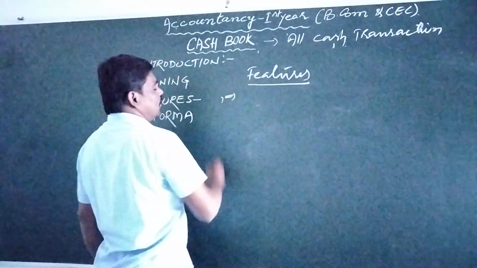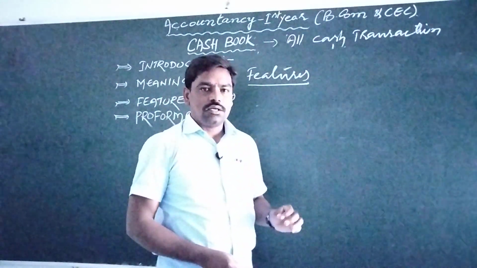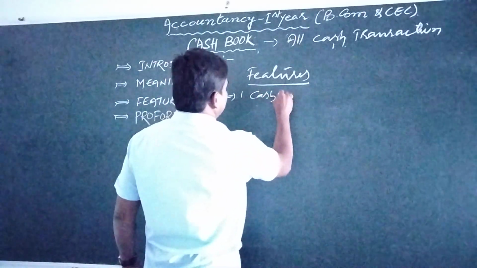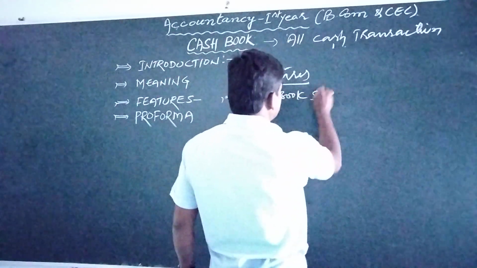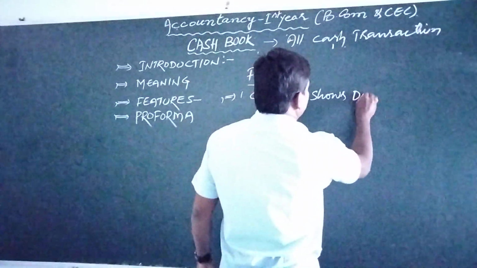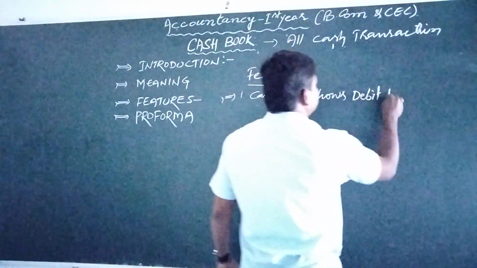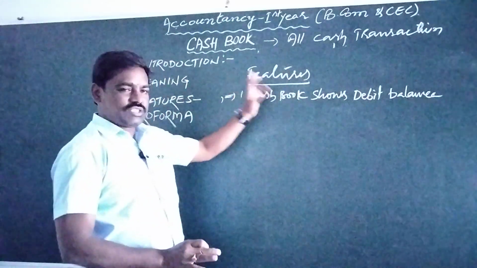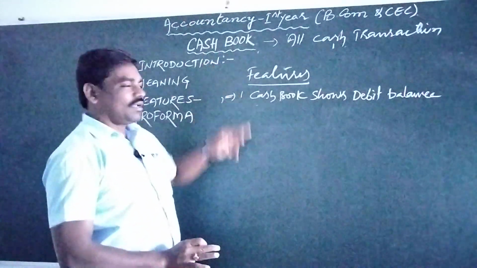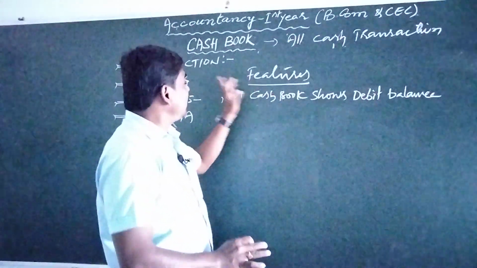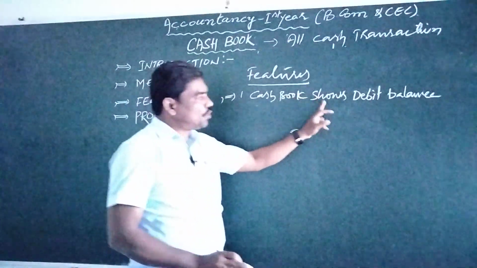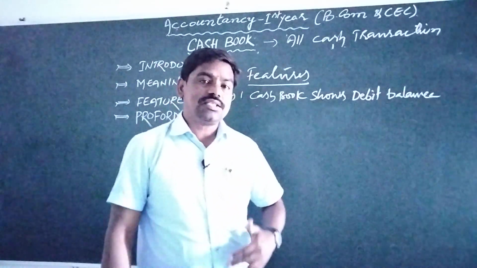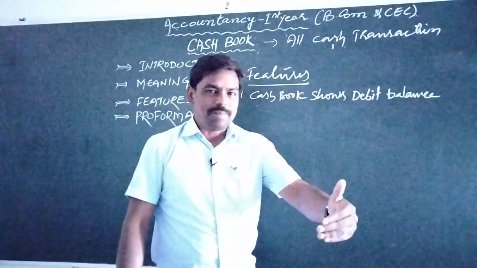First one, the cash book always shows the debit balance. This is the first feature, or the first characteristic feature, of a cash book: it shows debit balance, or we can say the cash book always begins with an opening debit balance.